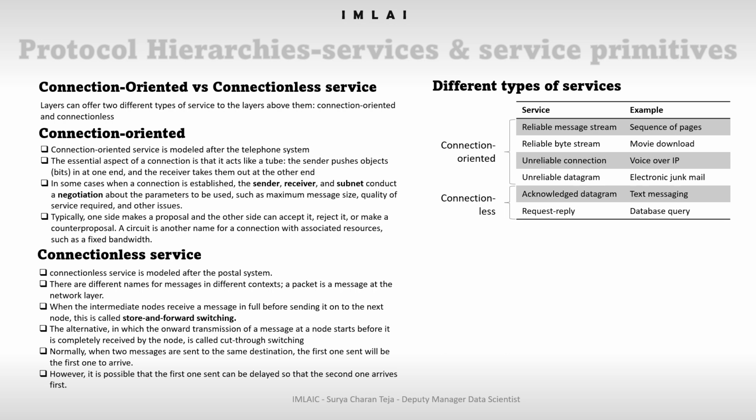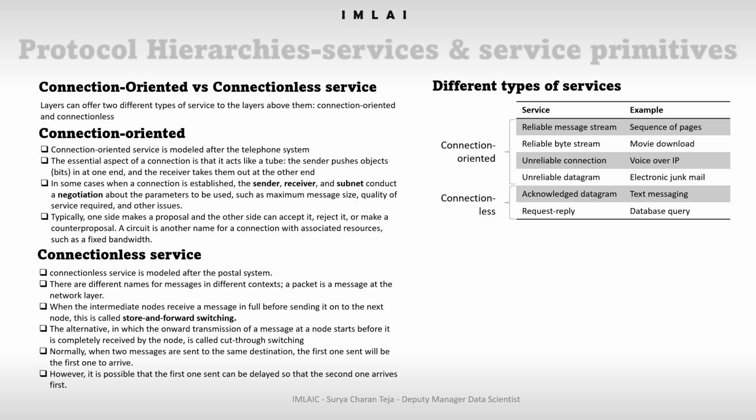That is the reason when 2048 bytes arrive at the receiver, there is no way to tell if they were sent as one 2048 byte message, two separate 1024 byte messages, or 2048 one byte messages. So the first one, a reliable message stream, exactly passes whatever the sender has sent, whereas with the reliable byte stream, we cannot say.